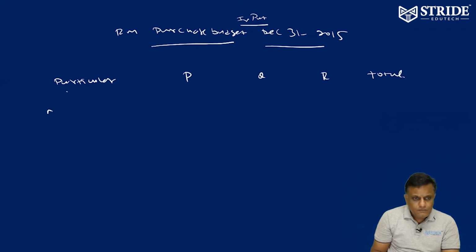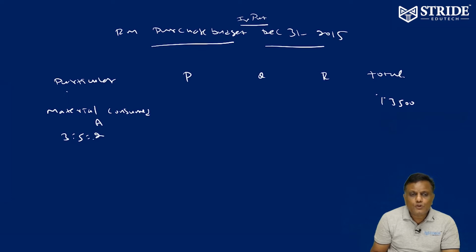First, material consumed. For A, 13,500 units were produced, so 13,500 kg consumed. This is to be apportioned in the ratio of 3:5:2.